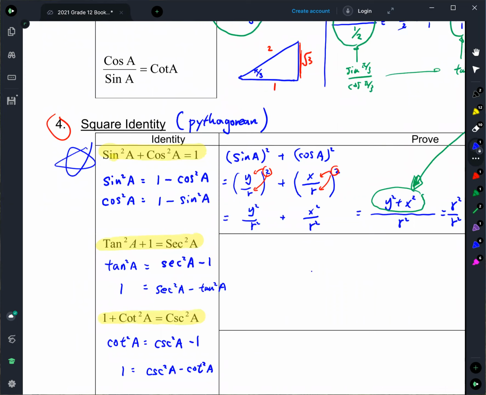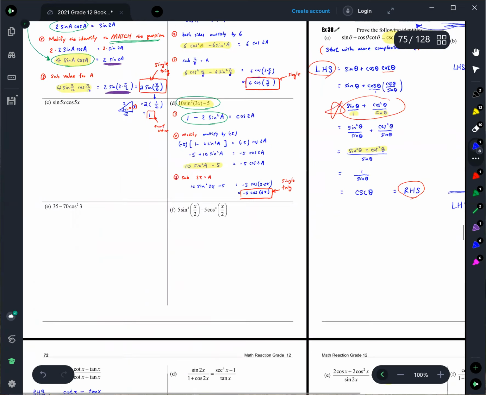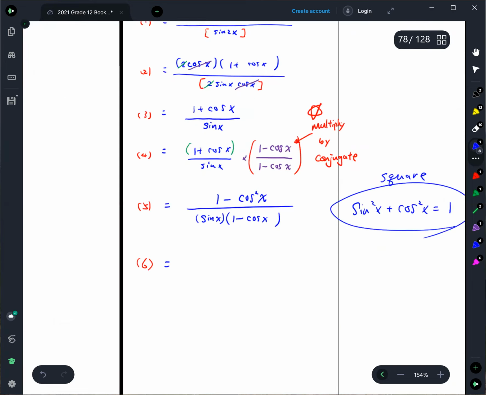You can move the cosine squared to the other side. Or you can move the sine squared to the other side. They are all equivalent. So we are using this one here. It all came from the square identity. 1 minus cosine squared. So right here, we're using that there. So 1 minus cosine squared will now become sine squared.